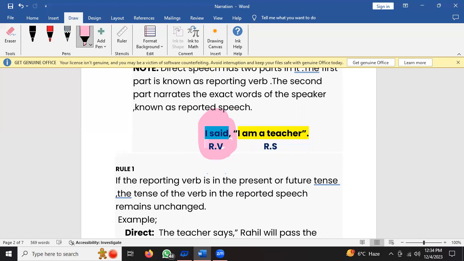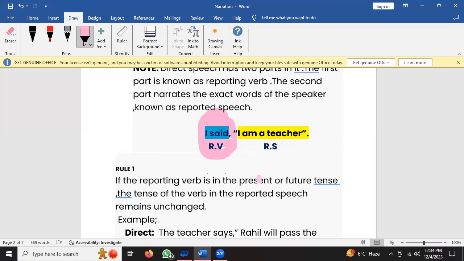If I write, I say, comma, inverted commas begin, I am a teacher, and I ask you to change the direct into indirect, you will change it like this: I say that I am a teacher. There will be no change when your reporting verb is in present or future tense.